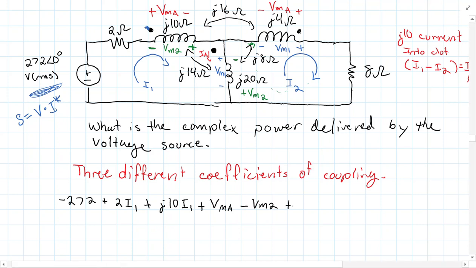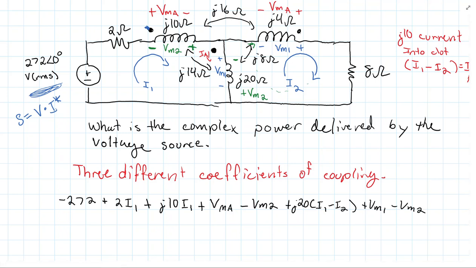Then I'd have plus j20 (I1 minus I2), and then I'd have plus Vm1, because that's being induced by current 1, and then minus Vm2.